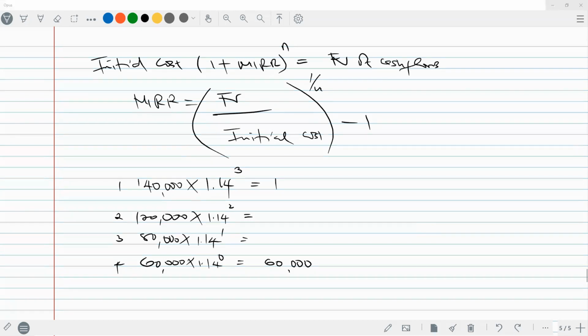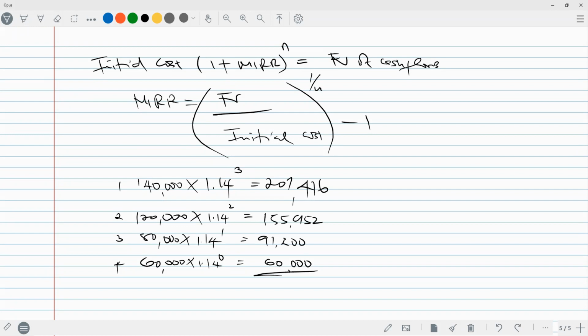So year 1 we get 27. Okay, year 1 we get 27, so 27 for 16. Year 2, the future value is 155,952. Year 3, we get 91,200. Okay, thank you.